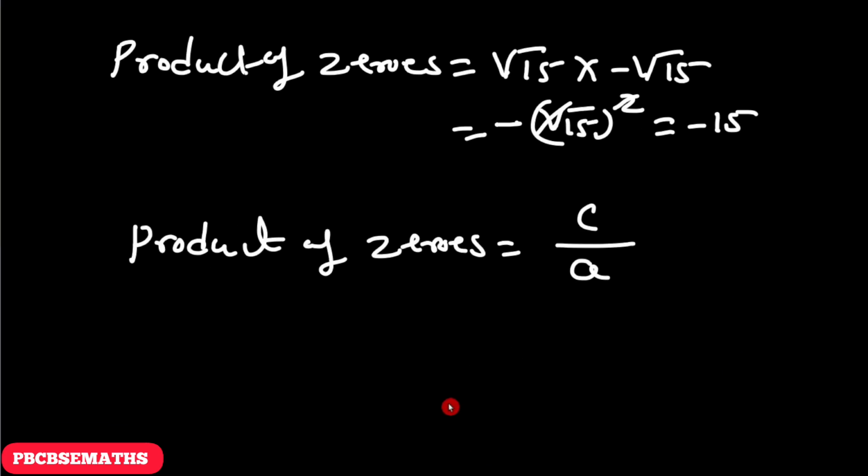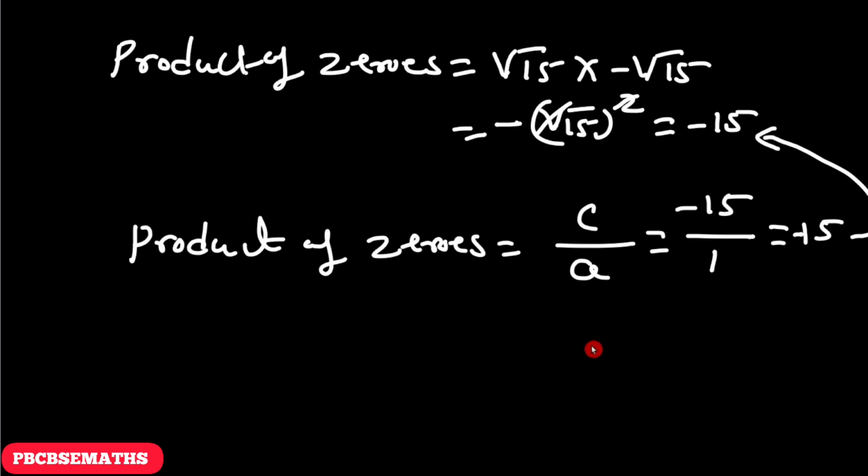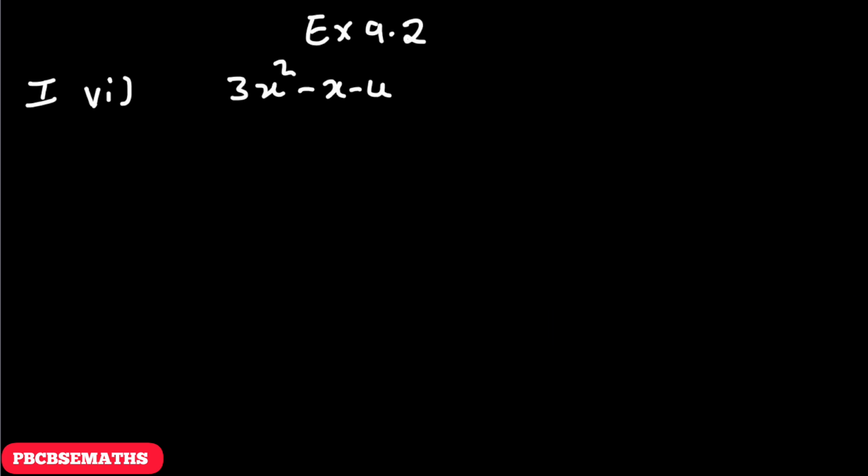So minus 15 by 1 is also equal to minus 15. So our answer is correct in both the cases. So for this given quadratic polynomial t square minus 15, the two zeros are square root 15 and minus square root 15. Now let's move on to sixth question.